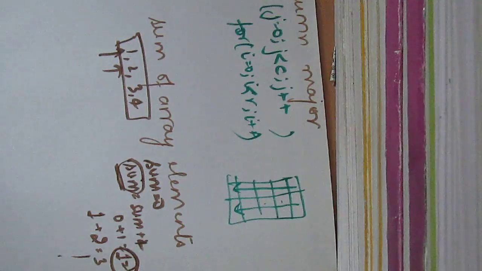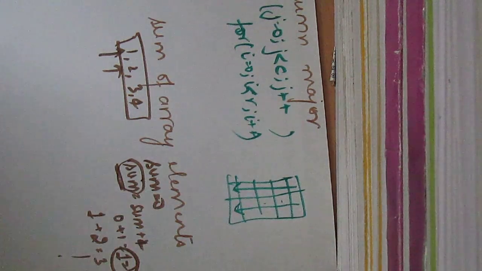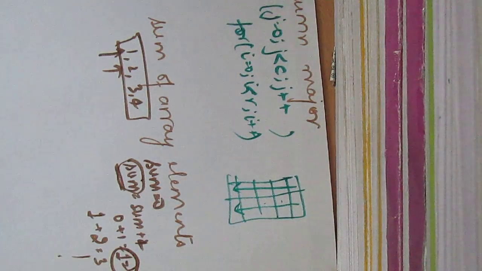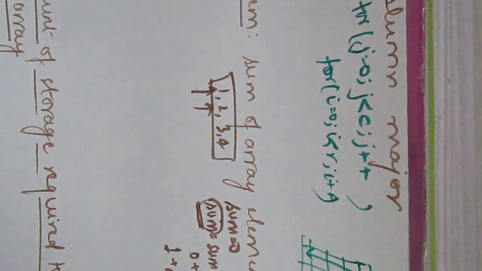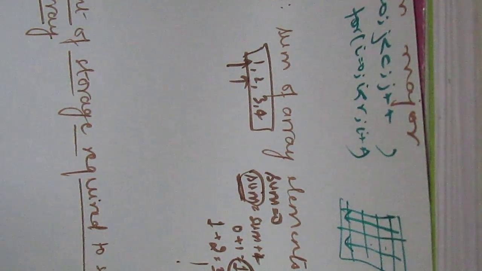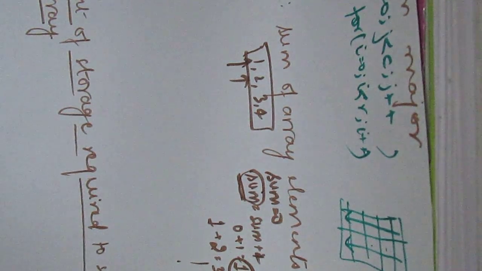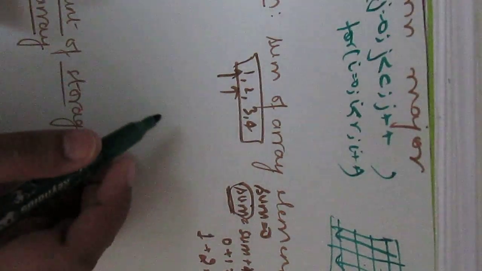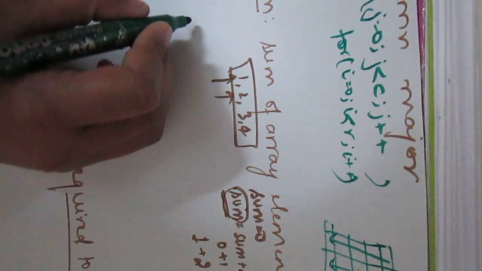Similarly, in a two-dimensional array, if we're finding the sum of the array elements, we'll use again the nested for loop, because for traversing the array elements of a two-dimensional array, we don't have an option. We have to use the nested loop. So here goes the syntax part.